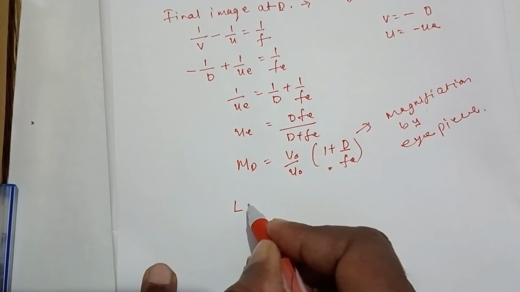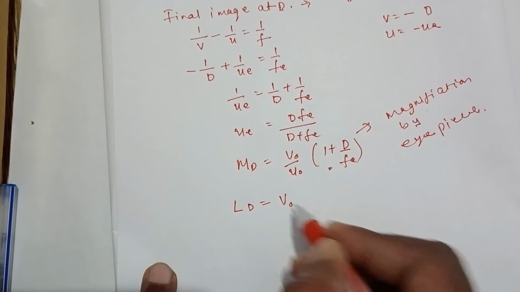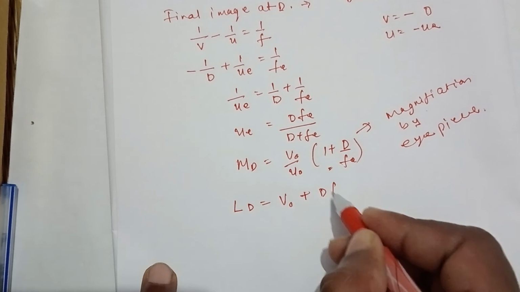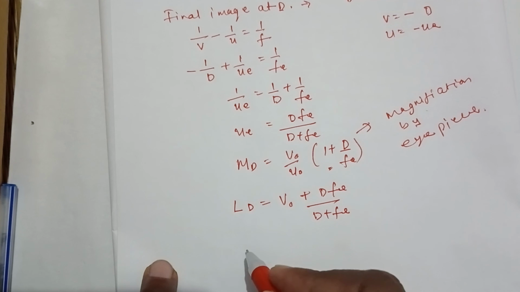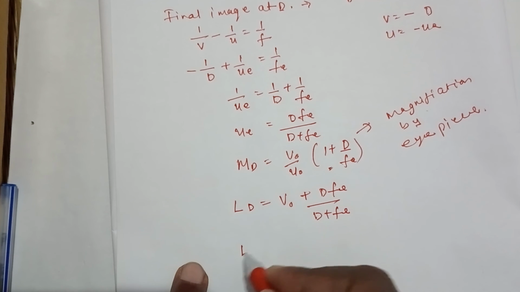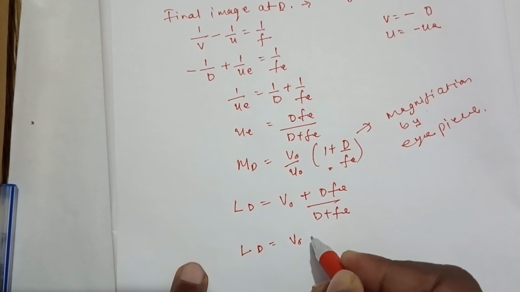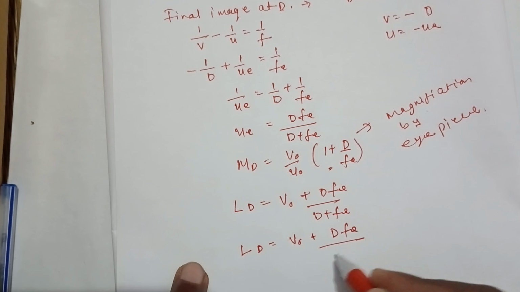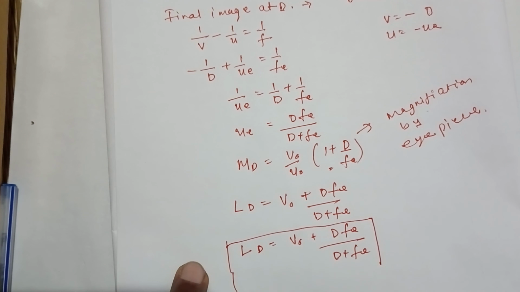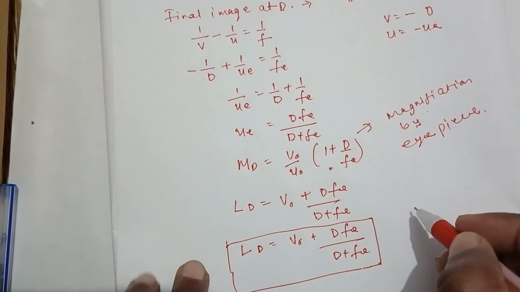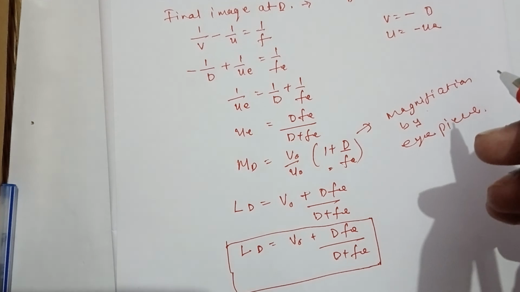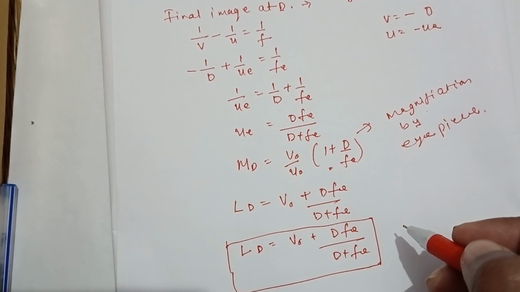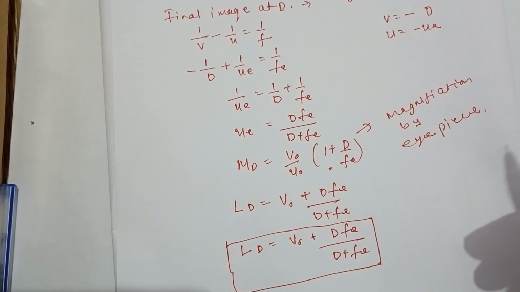So L D is equal to V naught plus D Fe by D plus Fe. So we have derived all the equations. With this I am finishing my video lecture on the derivation of the magnifying power of the compound microscope. Thank you.